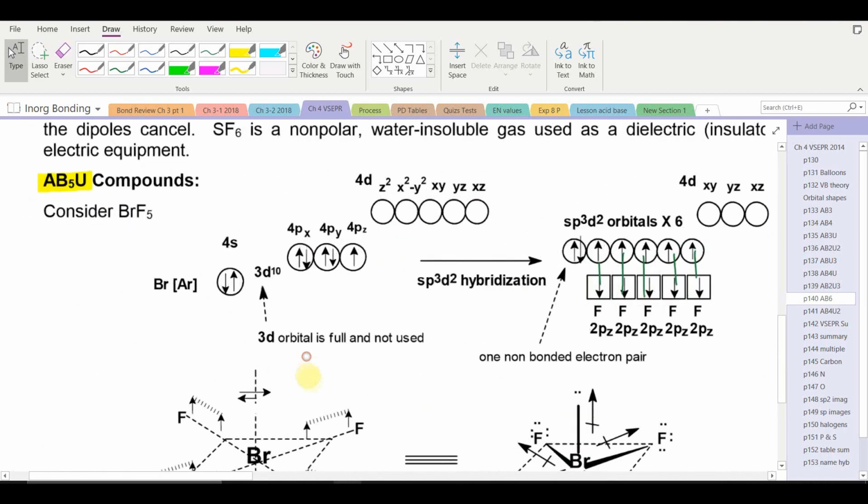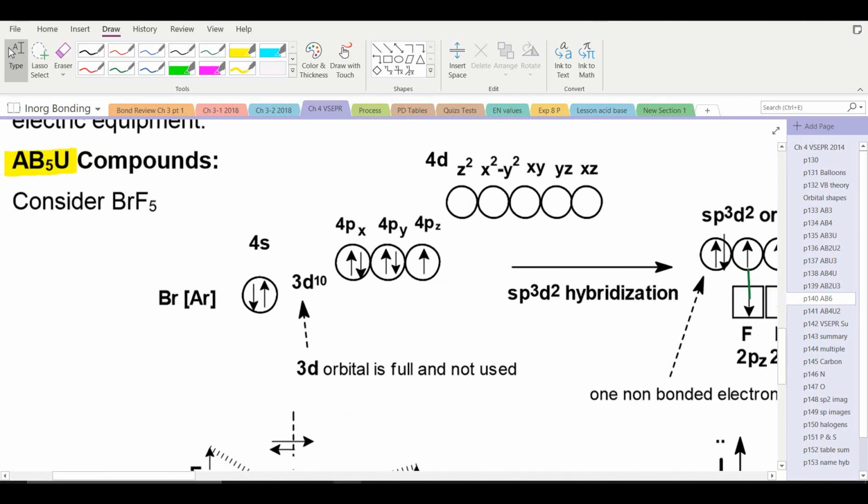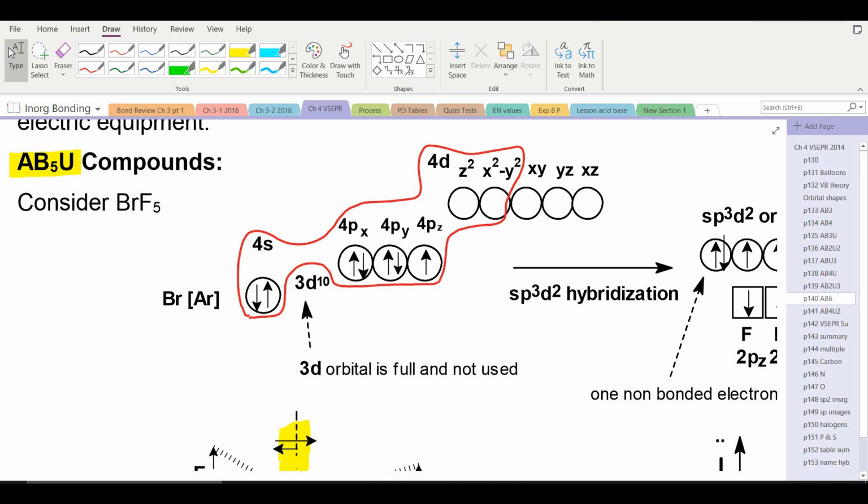So here's bromine, 4s2, 4px2, 4py2, 4pz1. We want 6 identical orbitals in terms of their shape and their energy. So we're going to suggest that bromine hybridizes as 4s, all of its 4p's, and 2 of its 4d, namely 4dz squared, 4dx squared minus y squared, and now it has 6 hybridized orbitals.